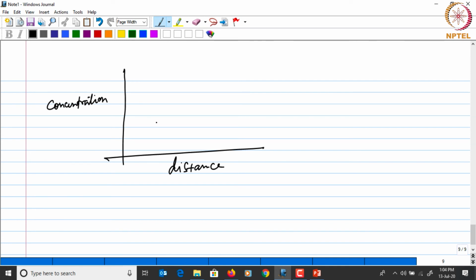in the beginning, that is time t equals 0, there is a steep gradient in the concentration, and as the time increases, the gradient decreases and eventually levels off.